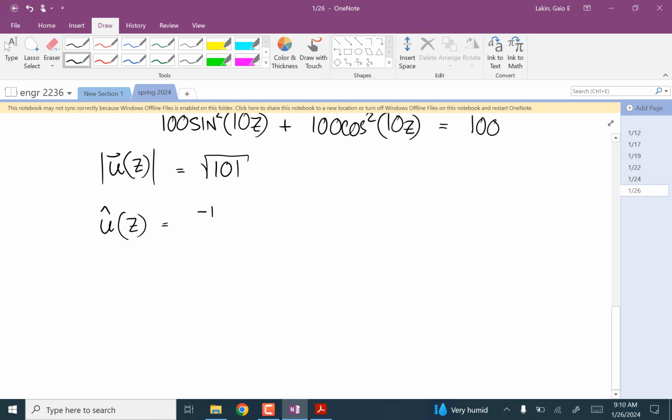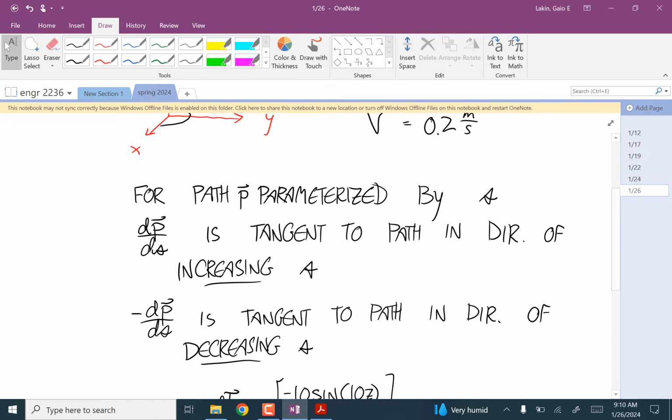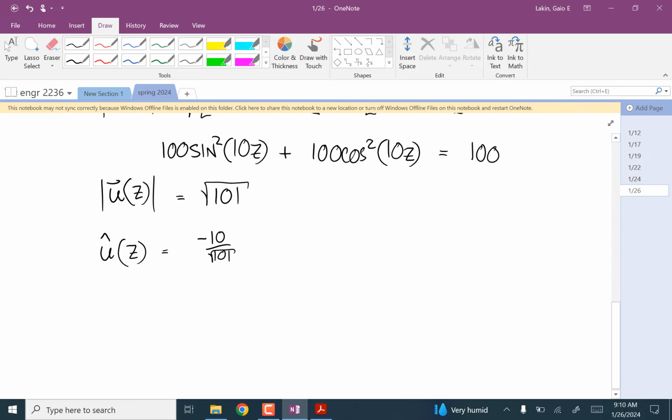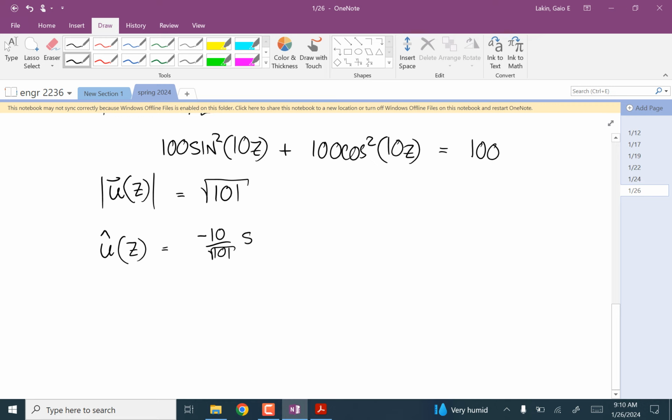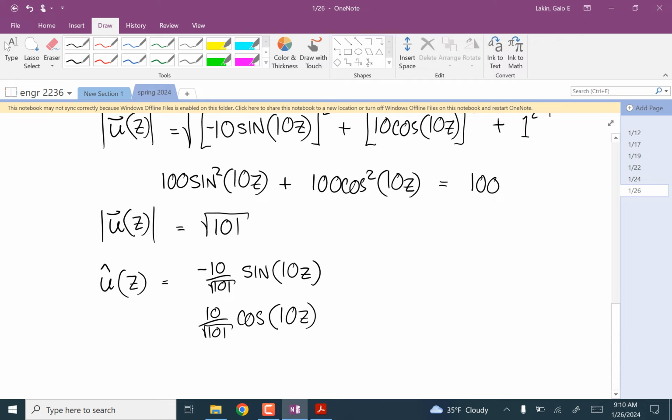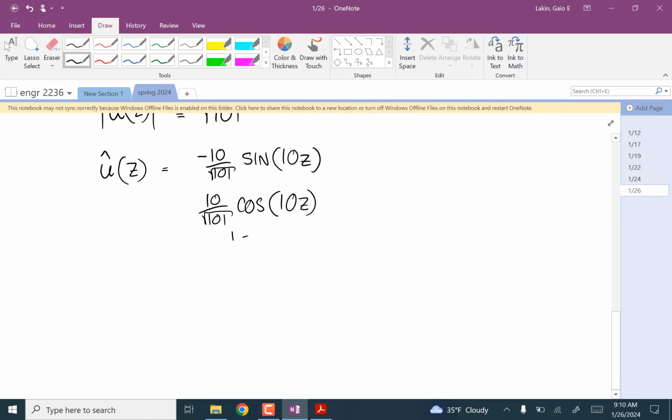So negative 10 over root 101 times the sine of 10z, and then positive 10 over root 101 times the cosine of 10z, and then 1 over root 101. So there's the unit vector.